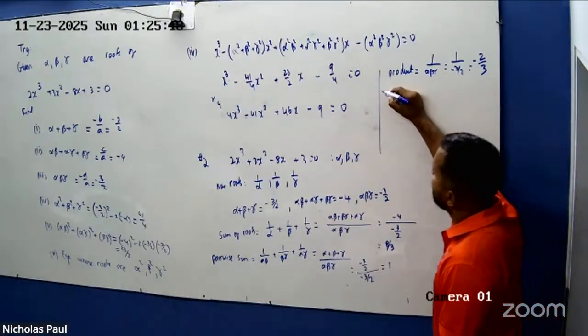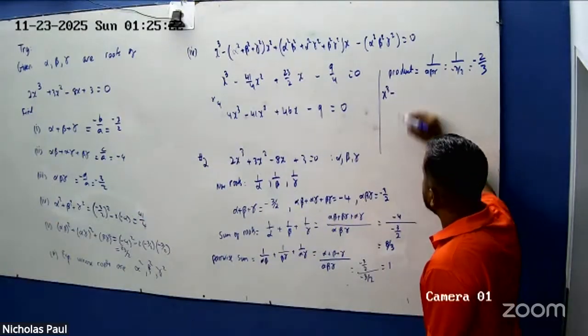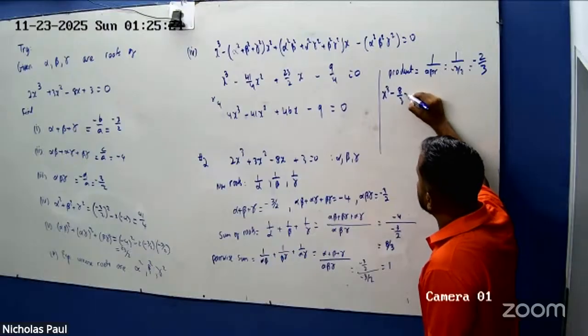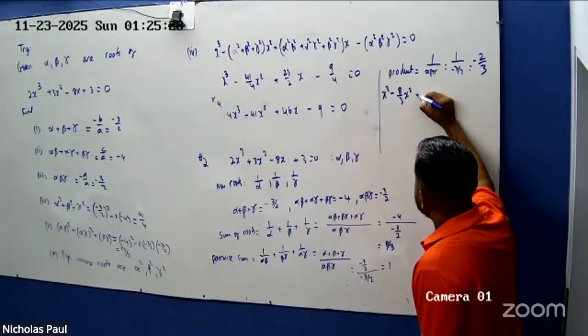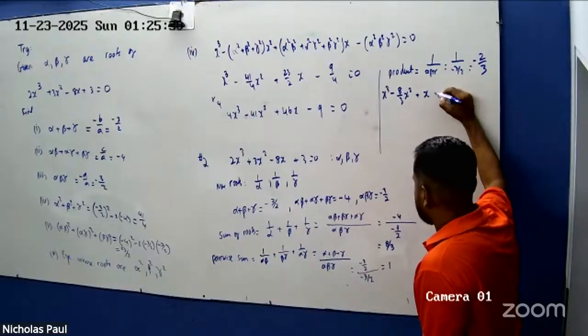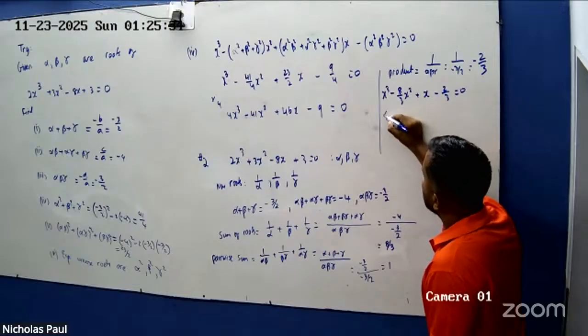Right, so we should be done. x cubed minus the sum of the roots, x cubed minus 3/2 x squared, plus the pairwise sum, which is 1, x minus 2/3. Multiply everything by 3.